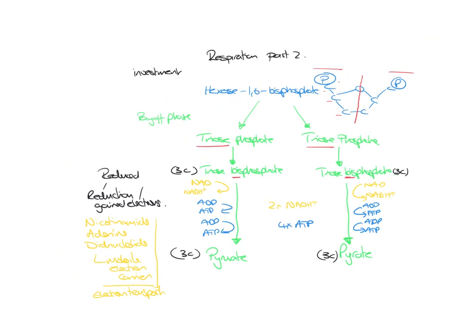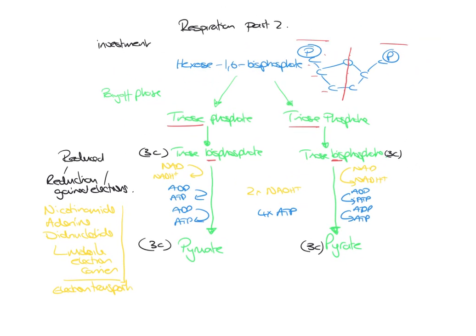So the second part involves the cleavage of hexose 1,6-bisphosphate into two triose phosphate molecules, which then become triose bisphosphates, so they each have two phosphate groups. The hexose 1,6-bisphosphate has 6 carbons.